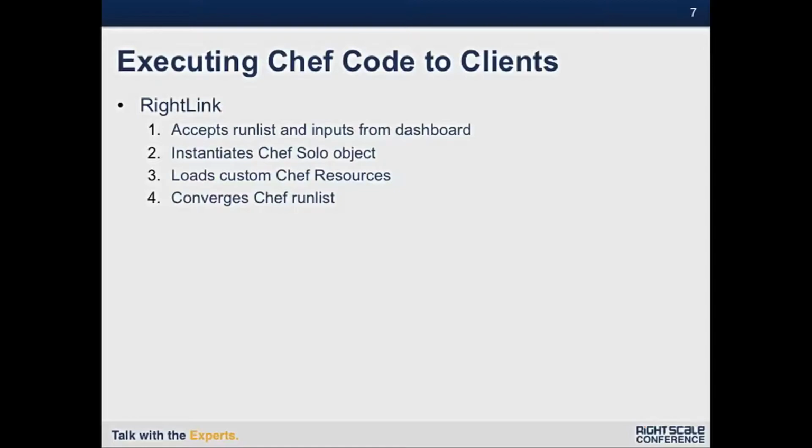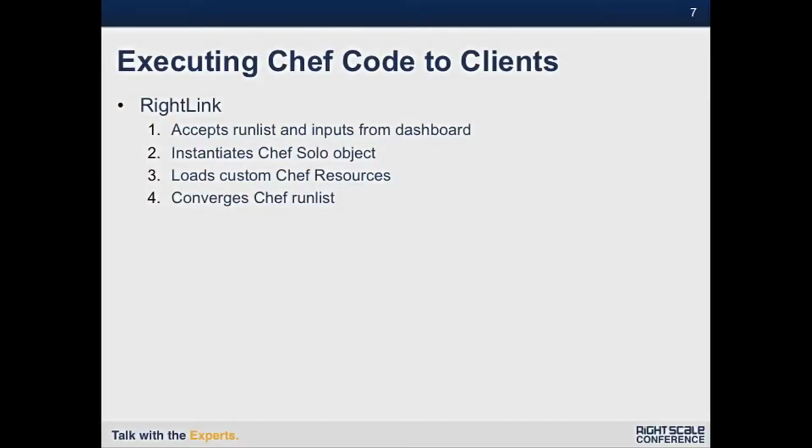It's for things like discovering other servers that are in the same deployment, for being able to ask another server to execute one or many recipes, which is really cool, and the ability to do some of those tasks that are unique to RightScale. So we've got some custom resources that we add. And then lastly, of course, it presses the go button and converges all that Chef code.